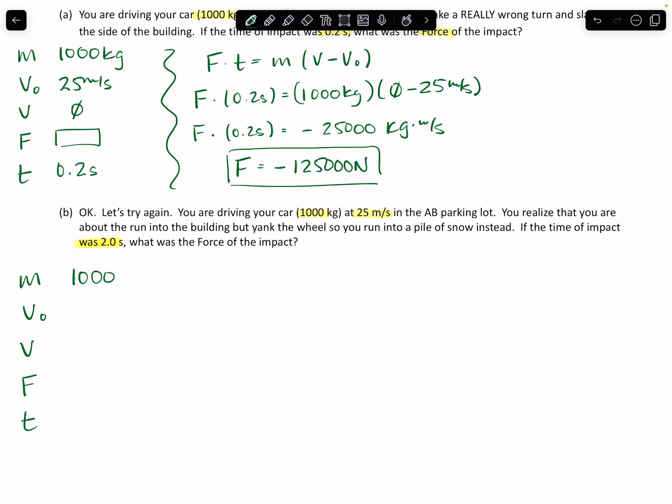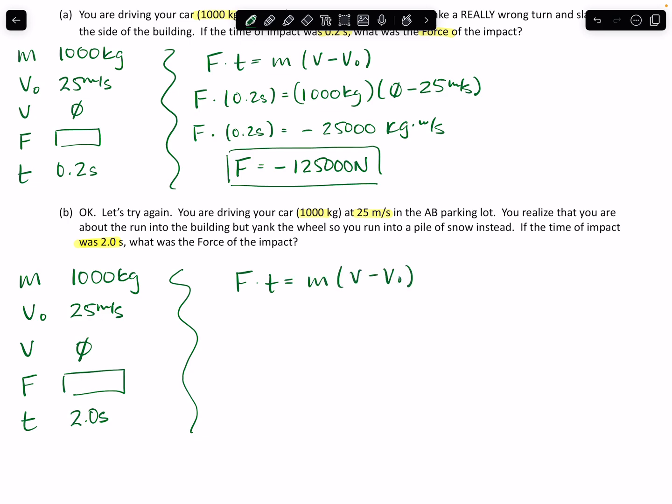Our mass value is the same as part A. Our initial and final velocities are the same, so the change in velocity is going to be the same. What we have adjusted is our time. Instead of 0.2 seconds, now it's 2 seconds. So same formula: force times time equals mass times final velocity minus initial. We plug in our time of 2 seconds, our mass of 1,000 kilograms, and our two velocity values, 0 for final, 25 meters per second for initial.